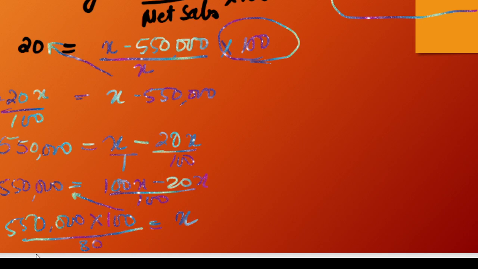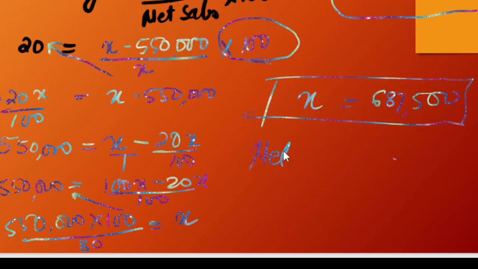So 550,000 times 100 divided by 80, that is 687,500, which is your X. X means net sales. Net sales, or revenue, is 687,500.